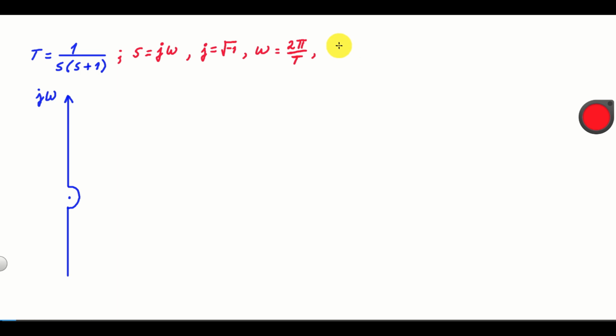By substituting S equal to j omega inside of our expression for our transfer function, we obtain the so-called sinusoidal transfer function. The sinusoidal transfer function has this form. T is equal to 1 over j omega multiplying j omega plus 1. Our j omega is a complex number.